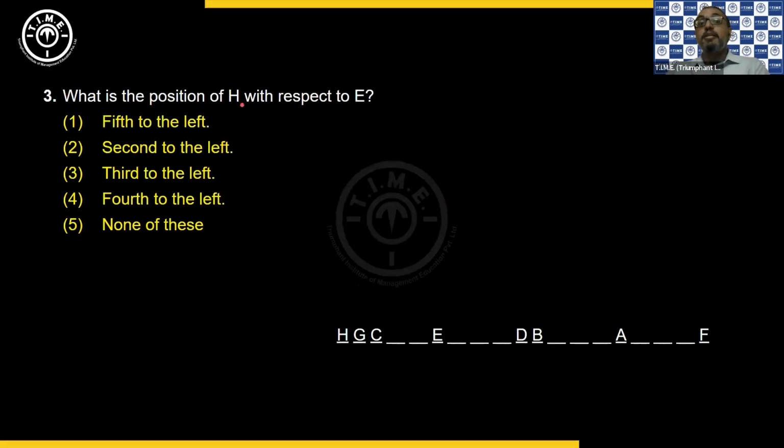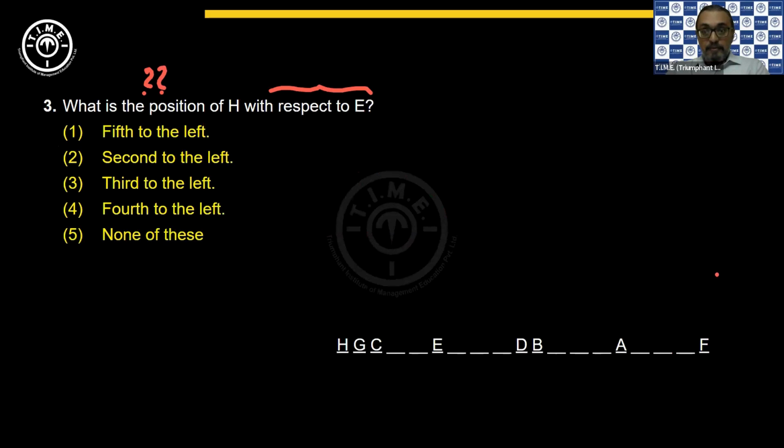Then next, what is the position of H? He wants to know the position of H. So from the other person, you check with respect to E. So position of H with respect to E. Okay, option 1, fifth to the left.